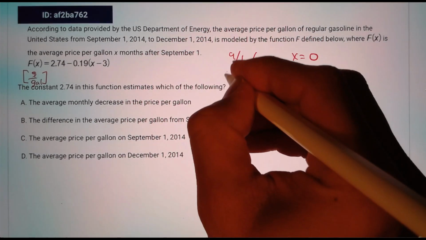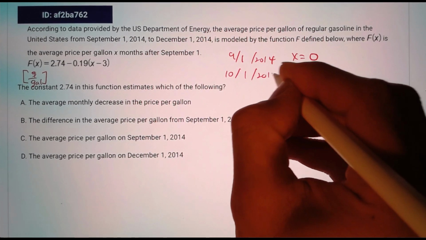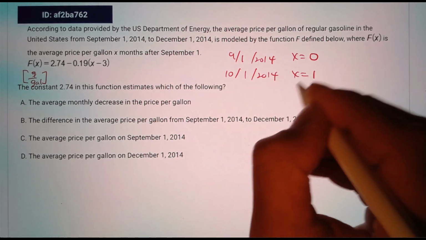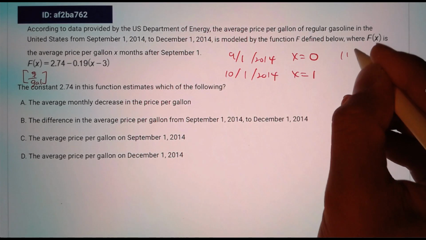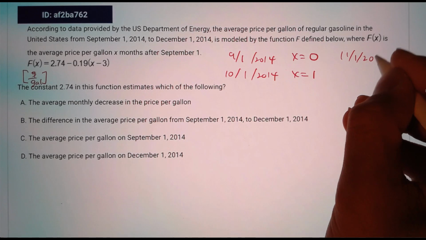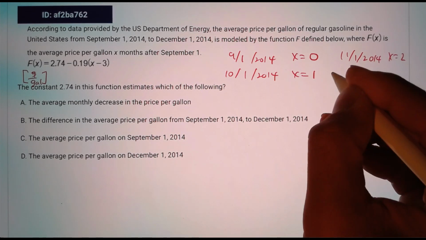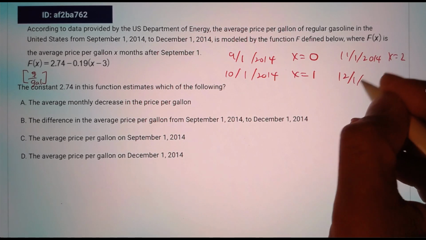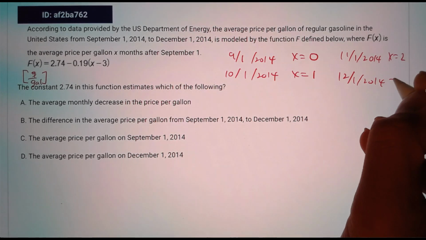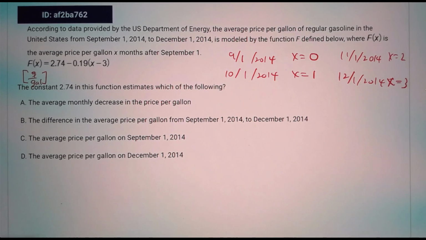And if you have like October 1st, that would be like x equals 1, x equals 2, and once we get December 1st, okay, this is just x equals 3.